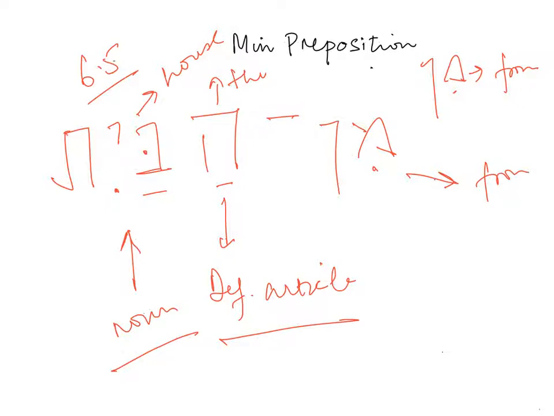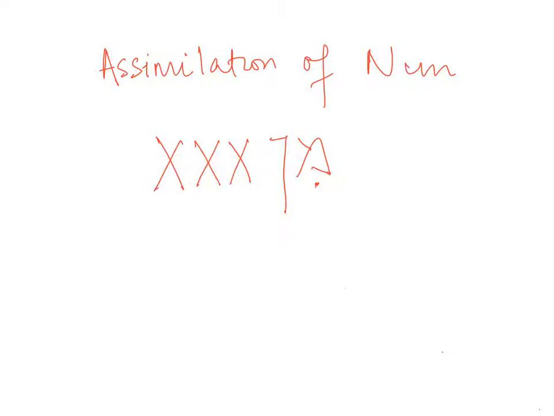But before I look at the next rule, I need to teach you a very important rule called the assimilation of the nun. The assimilation of the nun. Now, there are times where the nun, for example, in this case, it's a min. Often min can exist separately and also the preposition min can be attached to the noun itself.